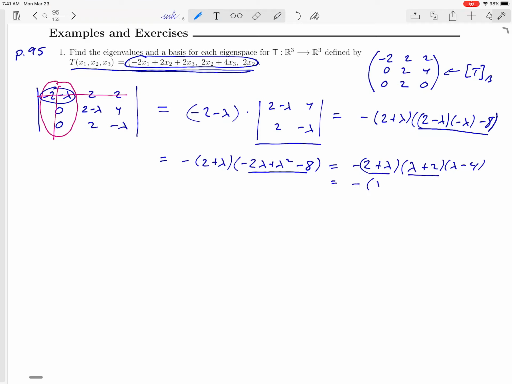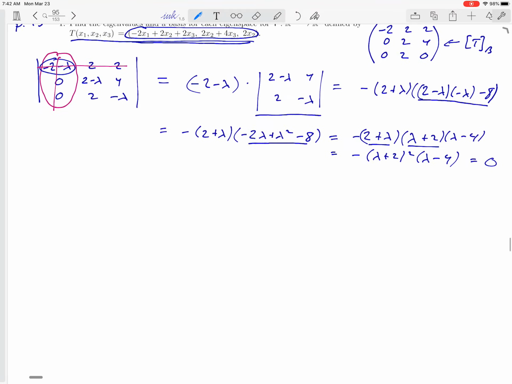Notice that these two factors are repeated, so we could write this as minus lambda plus 2 squared times lambda minus 4. From that, you can probably see what our eigenvalues are going to be. One of them is going to be negative 2 and the other one's going to be 4, because that's what we would get if we solved this equation by setting it equal to 0.